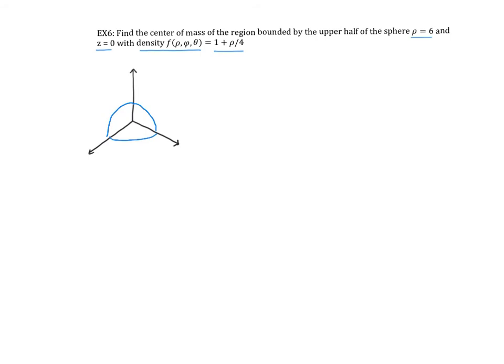This is going to be the upper half of a sphere. So we have this upper half of a sphere. It's from the xy plane up. And imagine the rho value, so that would be the center outward. So as we go from the center outward, the density changes. But it's still this uniform change.